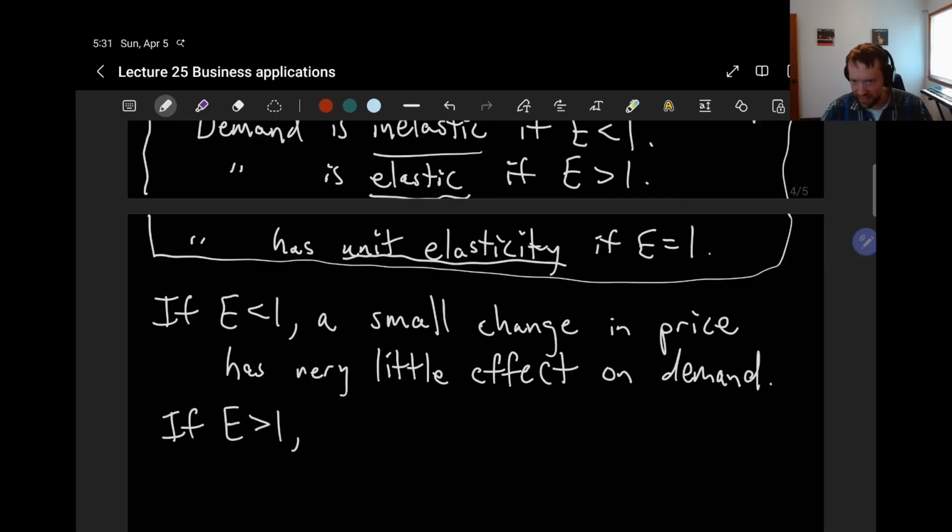Well, we certainly don't want elastic. If E is greater than 1, then that means if we change our price just a little bit, that will have a big effect on how much people want our product.